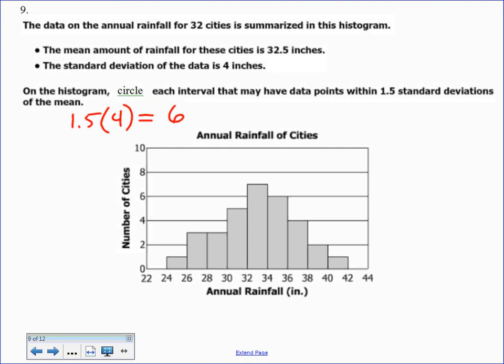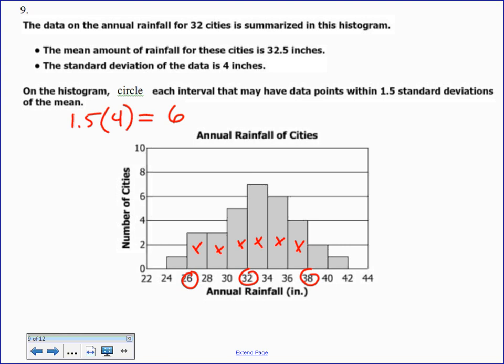So the mean is 32. All points that are 6 above is 38, and 6 below is 26. So this, and this are all bins in the histogram that could contain values within 1.5 standard deviations of the mean.